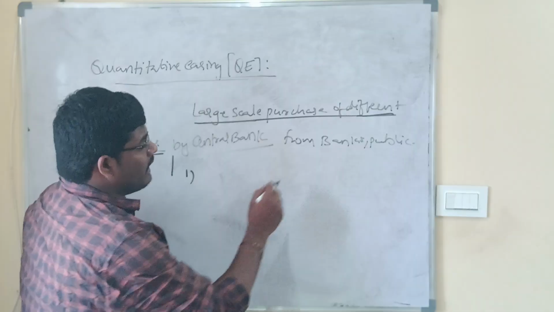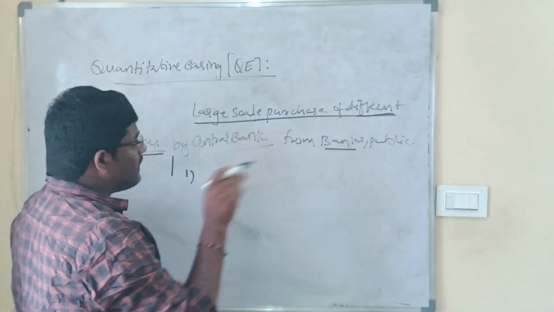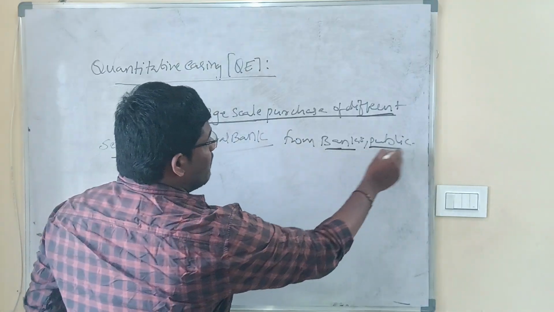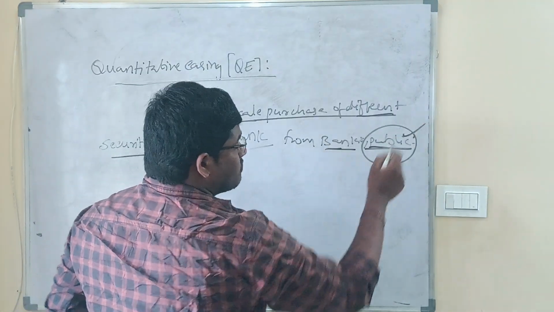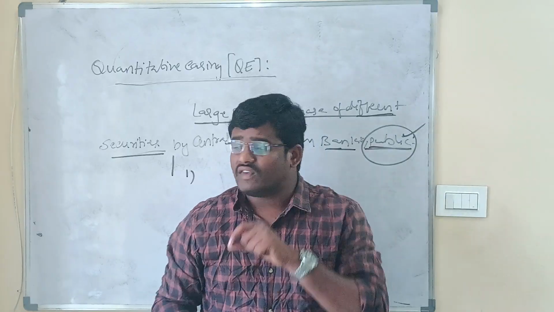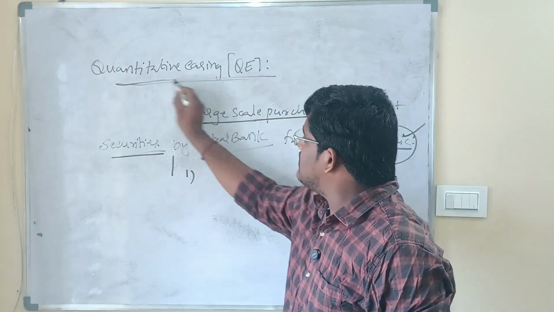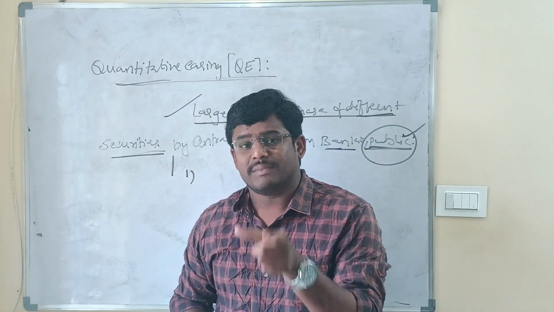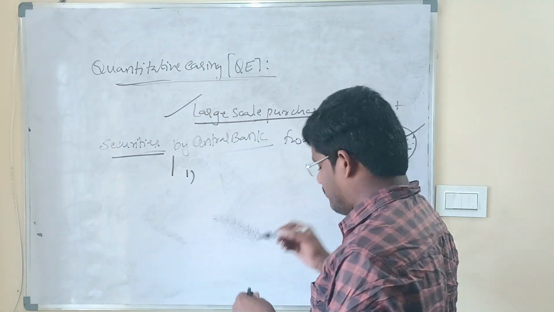And apart from that, in quantitative easing, the central bank is purchasing securities not just from banks but also from the public, mostly from the public. So quantitative easing is nothing but a large scale purchase of different securities by the central bank from banks and public.